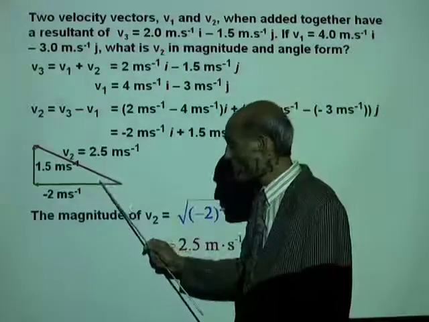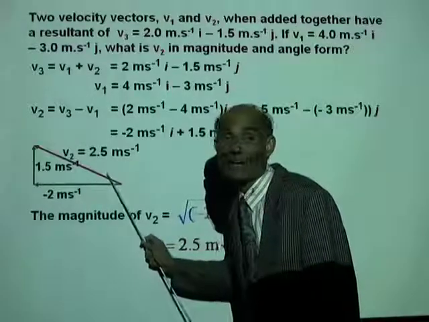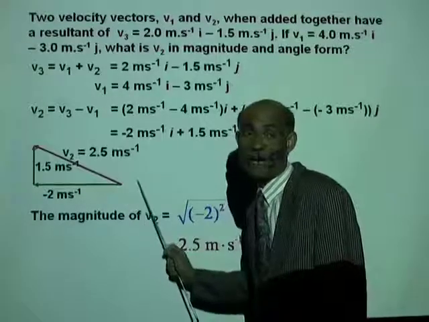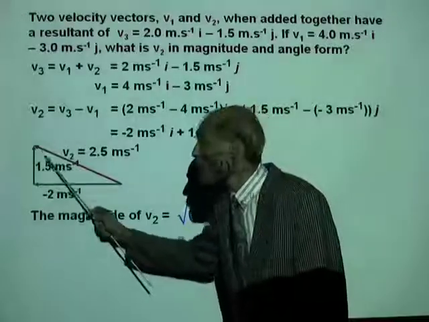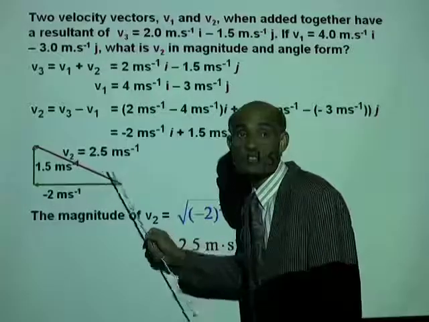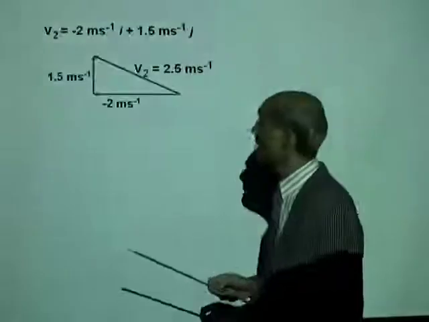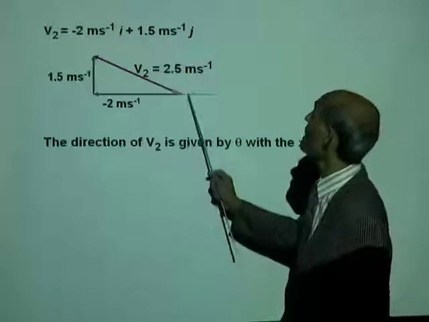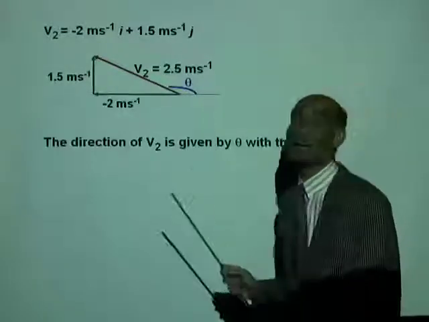If this is the angle theta, the angle is actually this obtuse angle, and that obtuse angle is such that its opposite side is 1.5 and the adjacent side is -2. Is that right? Therefore, the direction of v2 is given by this angle theta with the x-axis.